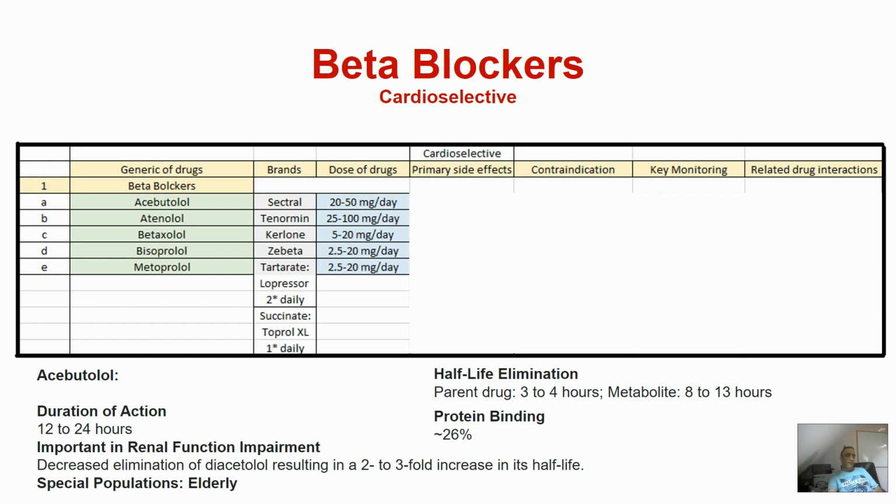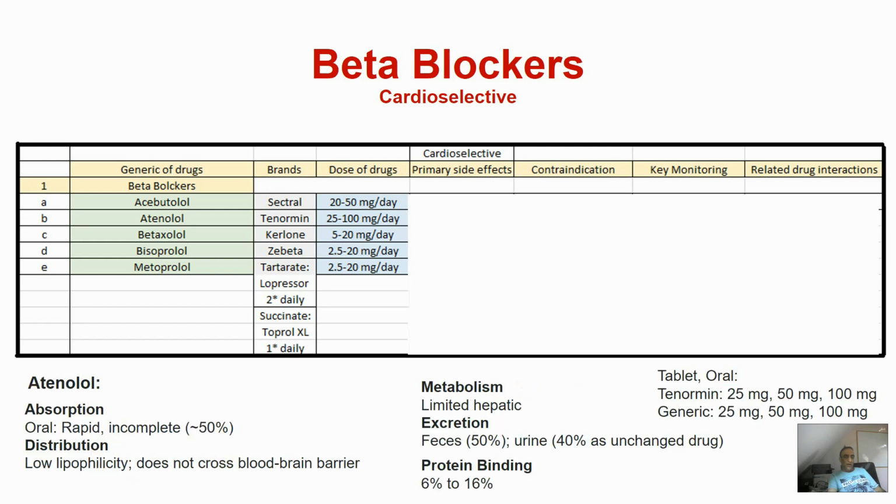Renal function impairment is important, because as you know, these drugs are mainly eliminated in the kidney, and it decreases the elimination of diacetolol, resulting in a 2 or 3-fold increase in the half-life. Among special populations we can mention the elderly.